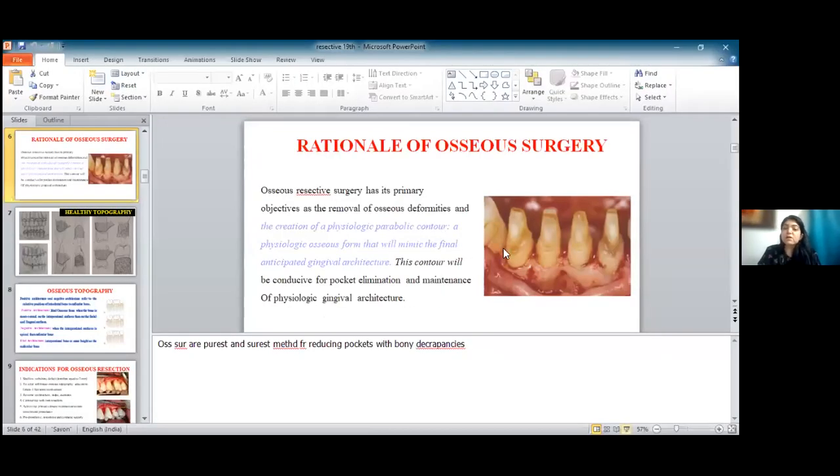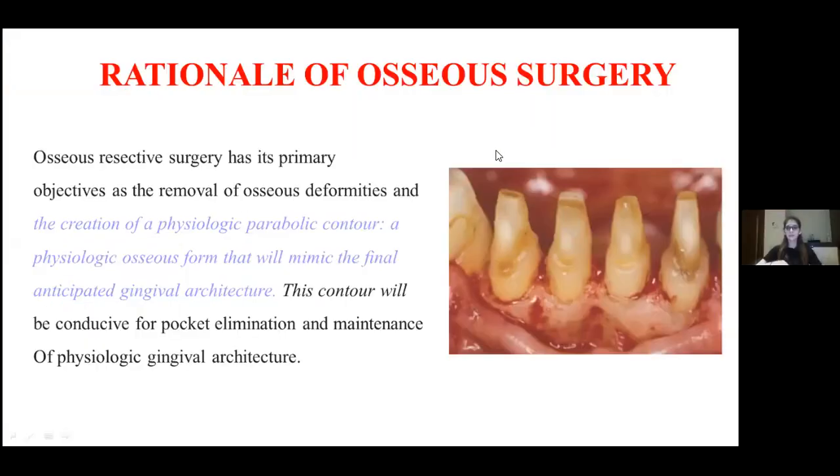Whose connection? Can you all hear me? Yes, ma'am. Can you ask your doubt again? Ma'am, in compromised osseous reshaping, you said that if we do more contouring, then we are going to damage it, or in the definitive one.